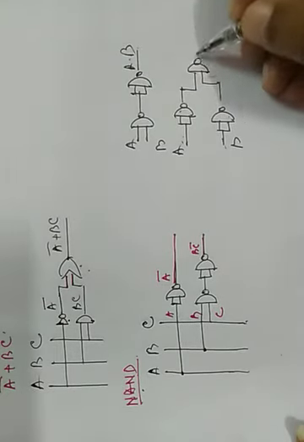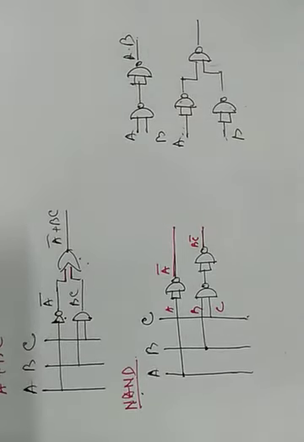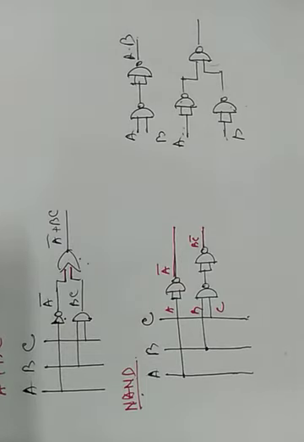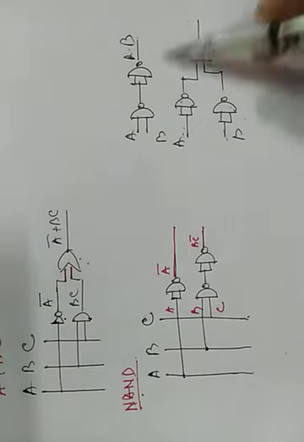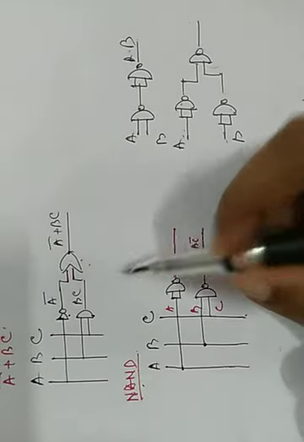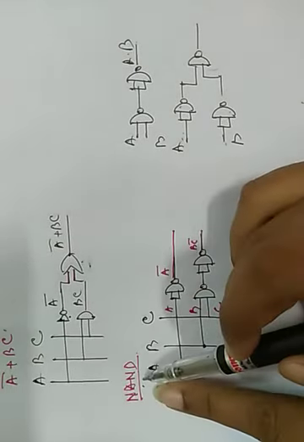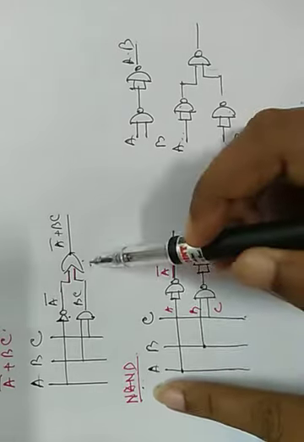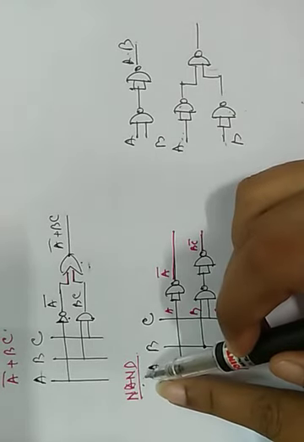And whenever we join 3 NAND gates, the circuit is the same as joining 3 NOR gates. So for OR gate and NAND gate, 3 NAND gates are required.